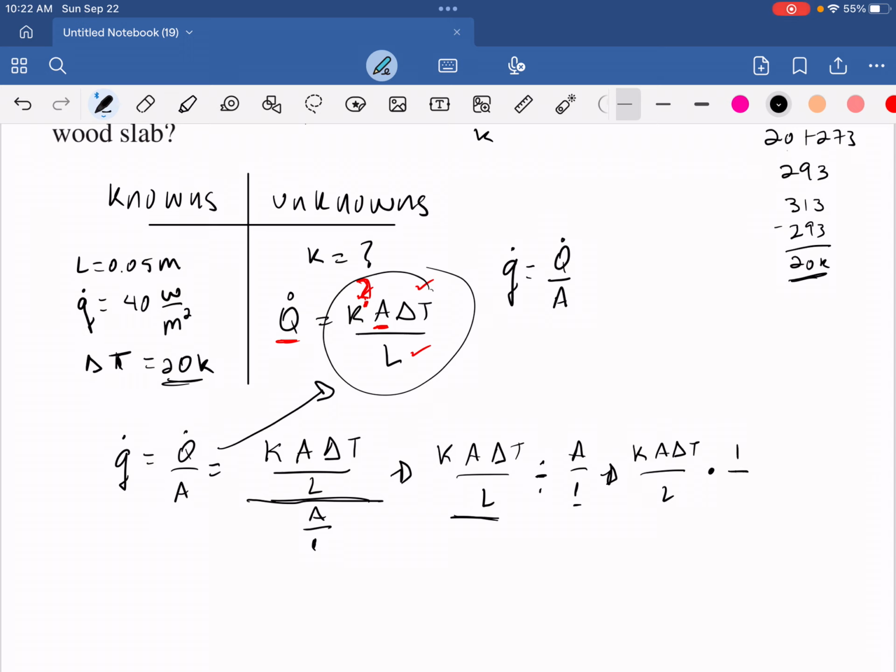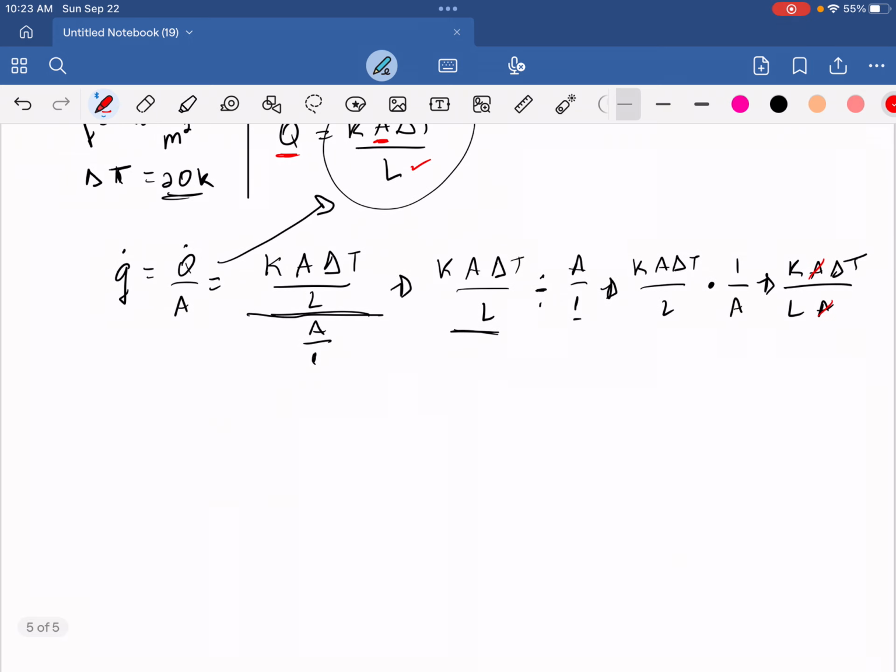That's going to be 1 over A, so we get thermal conductivity, area, change in temperature, all over thickness, times 1 over area. This is where the areas cancel out. So what I end up with is: the heat flux is equal to thermal conductivity times the change in temperature over thickness. And what I'm looking for is this k right here.